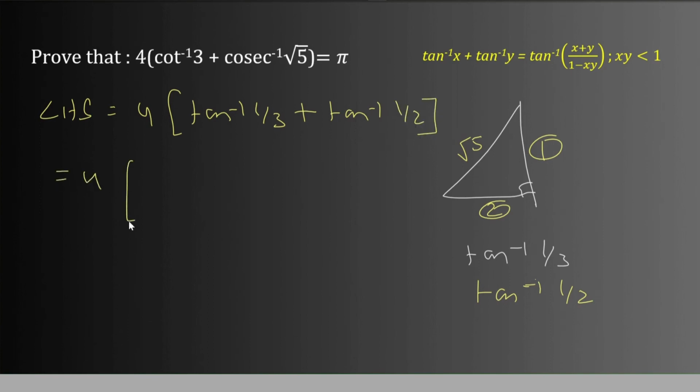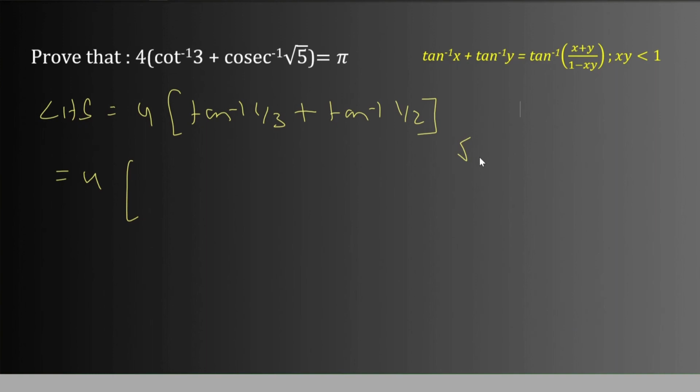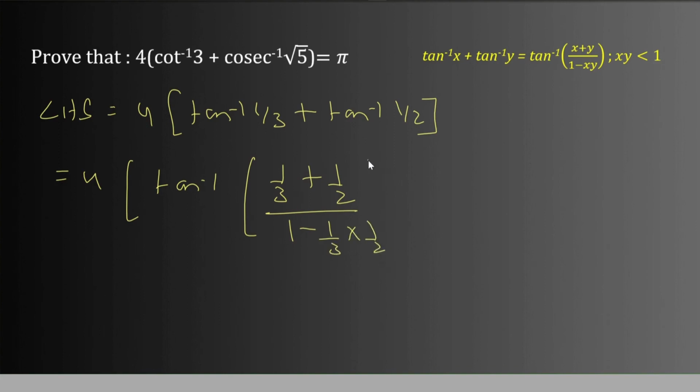Now I can apply this property: tan inverse x plus tan inverse y is tan inverse of x plus y, that is this plus this, over 1 minus x into y, that is 1 over 3 into 1 over 2.